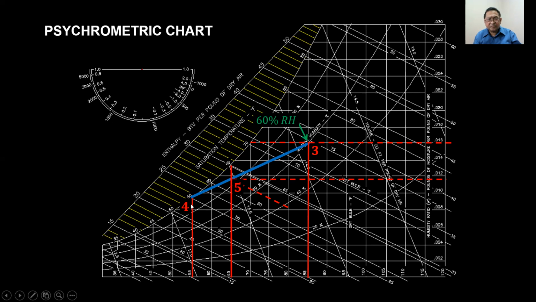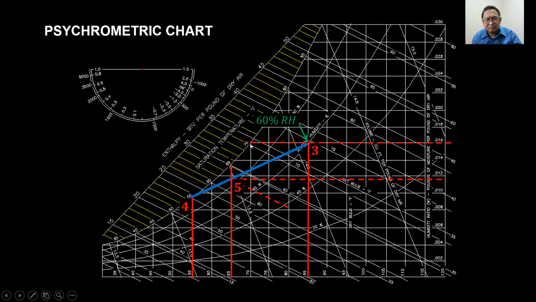And you desire something like air at point 5. And then at point 4, the coil temperature is lower, which is given here to be 55 Fahrenheit, which is lower than 70.